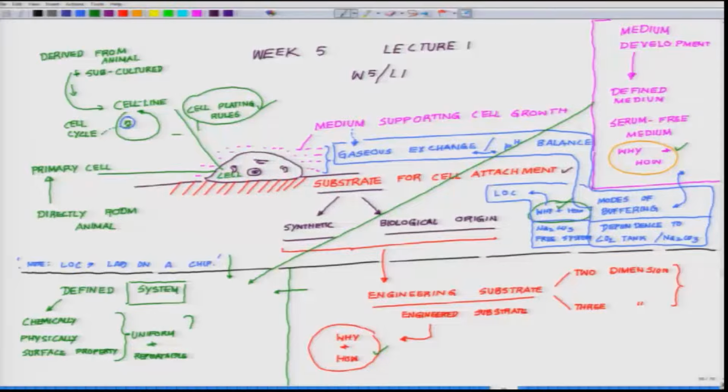So, it is more or less like product development.